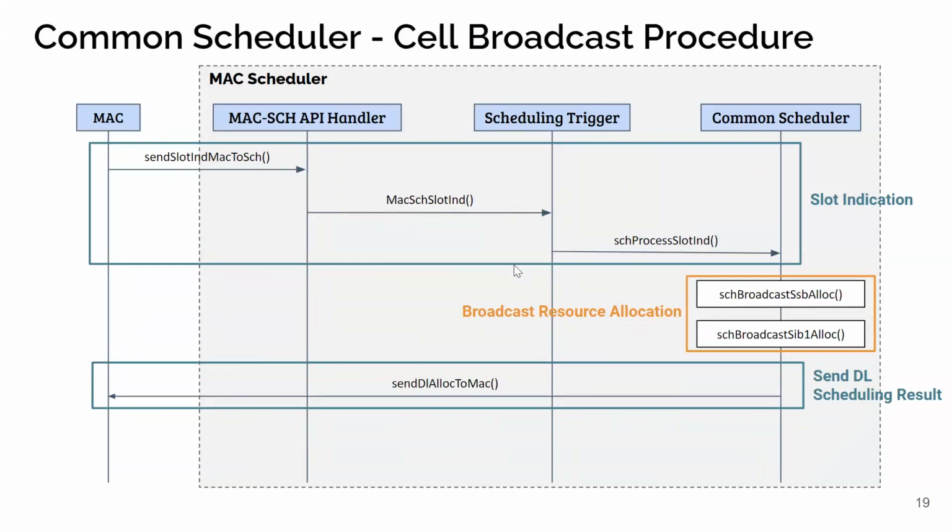After that, you can stay in idle mode, where you just follow the common channel schedule. If you want to move to connected mode, you need to perform random access first. After random access, you can get a dedicated channel.